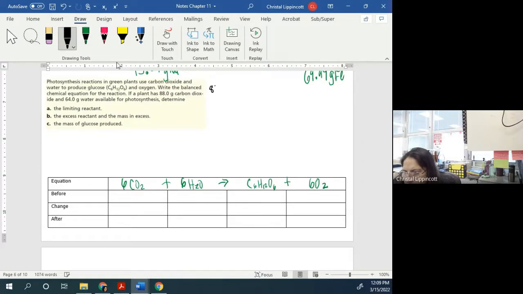So 88 divided by 44 is going to give me 2 moles of CO2.